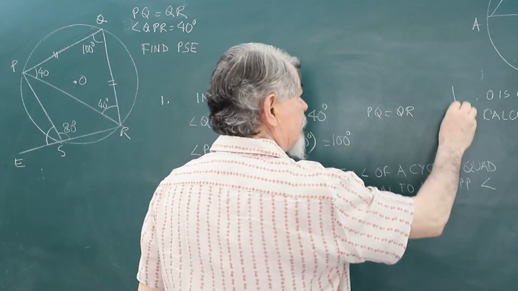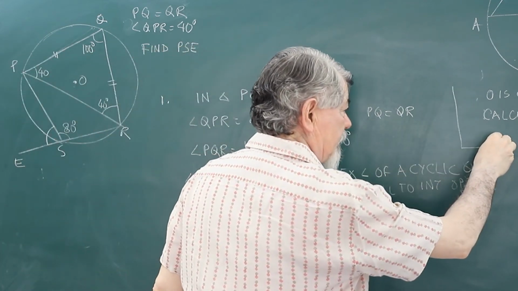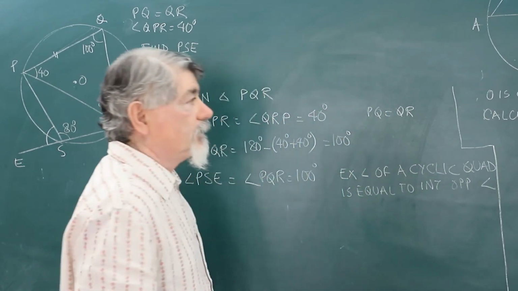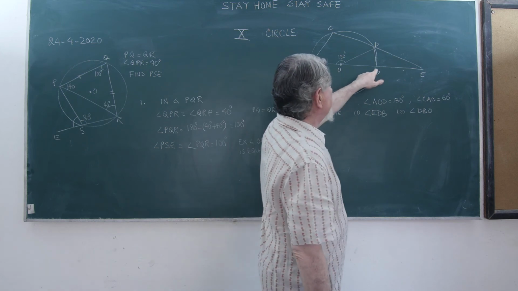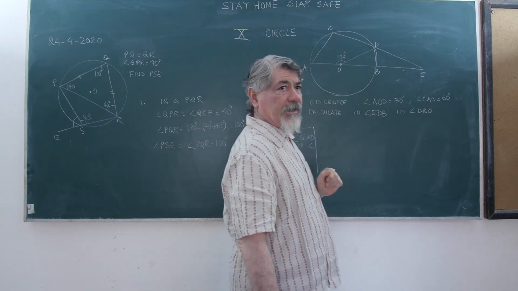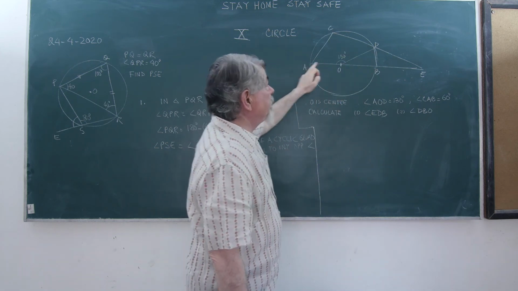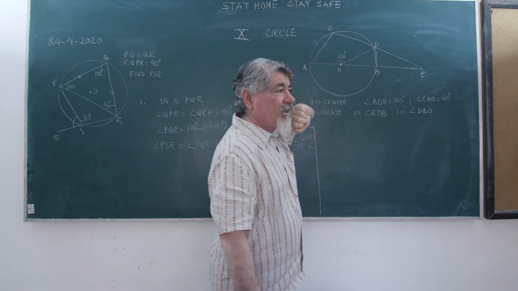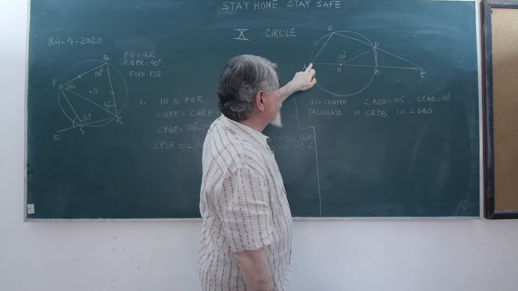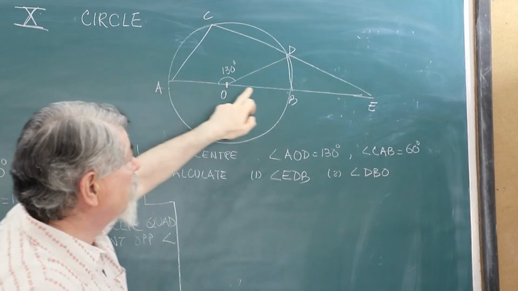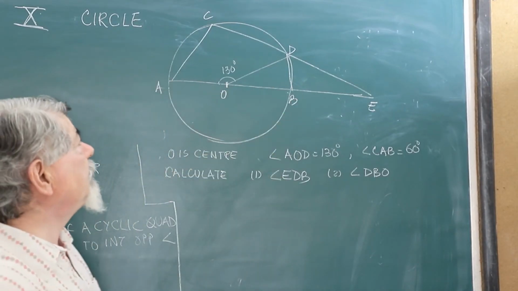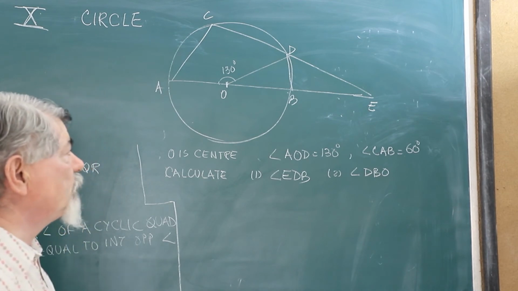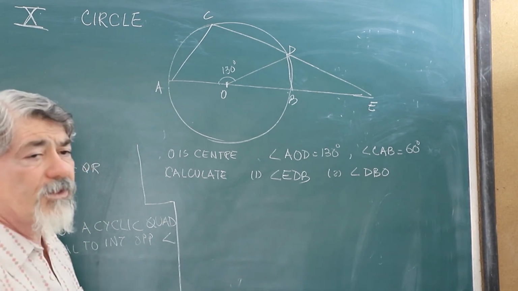Now let us see the second problem, problem number 2. In this also, ABDC is a cyclic quadrilateral, and the only thing given is that AB is the diameter. So maybe I will use the diameter property somewhere if required. I don't know, we'll have to solve the problem and see.